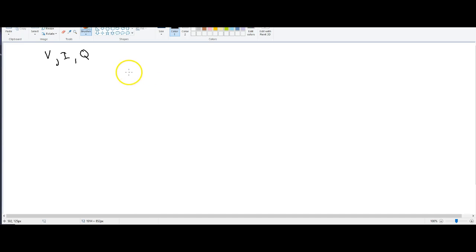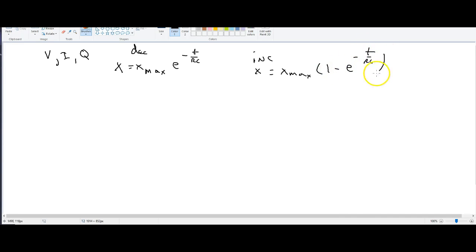If the thing is decreasing, x equals x max e to the negative t over RC. If it's increasing, then x equals x max times 1 minus e to the negative t over RC.